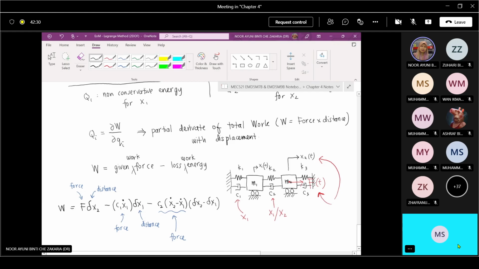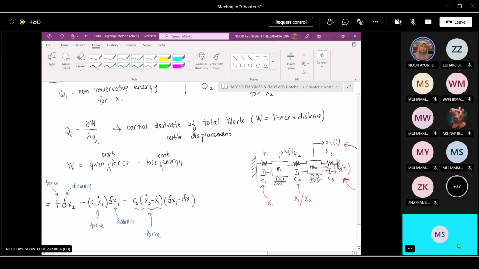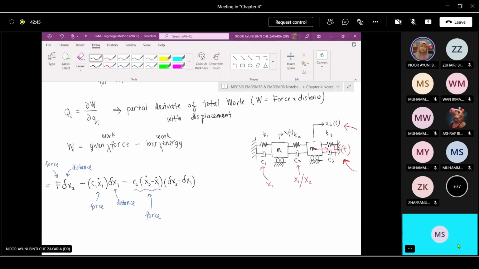Okay, it doesn't fit. Okay, I move this one. And then one more, we have C3.